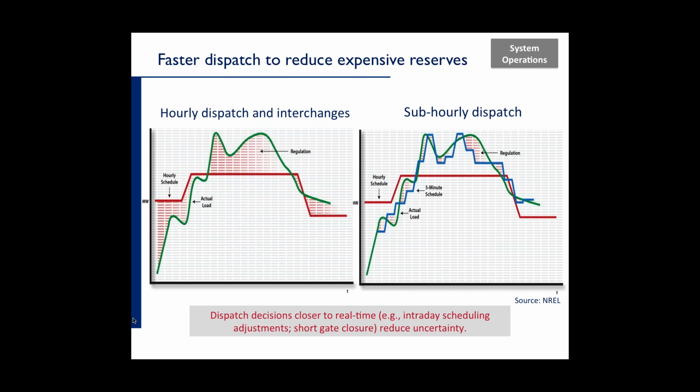The key thing to compare between these two figures is the amount of regulation that's needed. On the left, there's a lot of regulation required, and again, that's provided by a small number of generating units on my system. On the right-hand side, I still have a small number of units providing the regulation, but there's clearly a lot less regulation that needs to be provided.